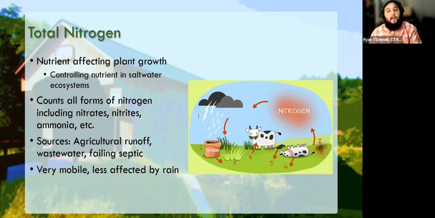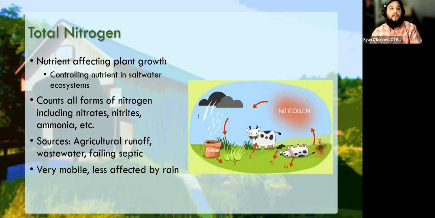And we care about it a lot in the Connecticut River watershed, which includes, of course, the Williams River, because eventually the Connecticut River ends up in Long Island Sound, which has too much nitrogen in it and is experiencing harmful algal blooms and hypoxia, which is a lack of oxygen that is not good for the ecosystem.